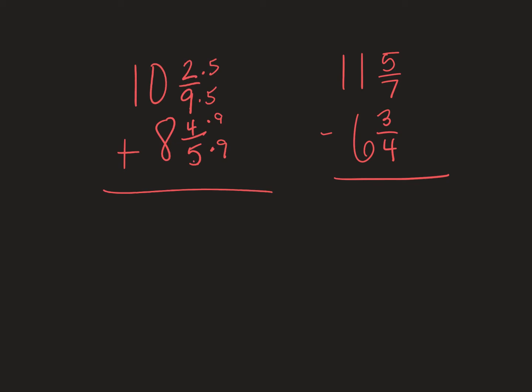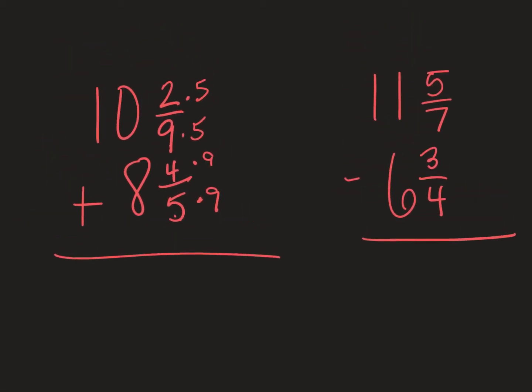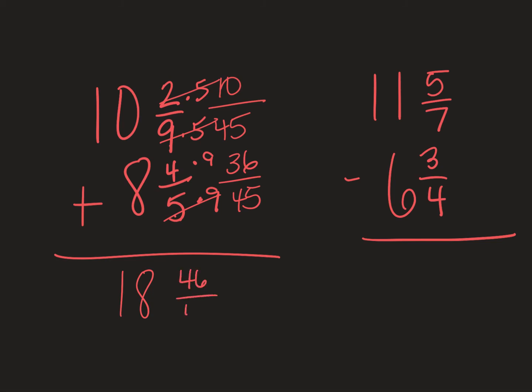So now you have 10, or you could just do it this way. And make this 45. 45 over 4 times 9 is 36. Now, your numerator on the top is smaller than it is on the bottom, but you're fine because you are adding. So you're going to get 18 and 10 plus 36, which is 46 over 45.